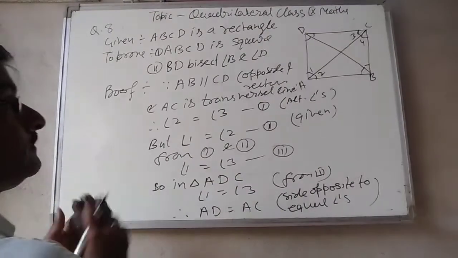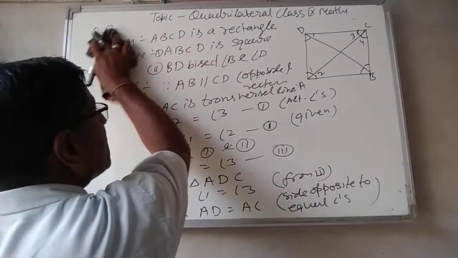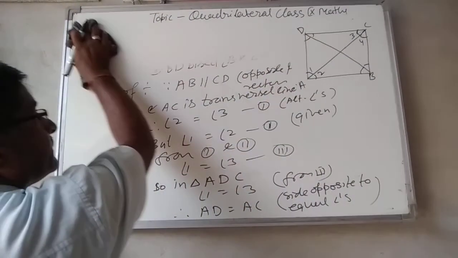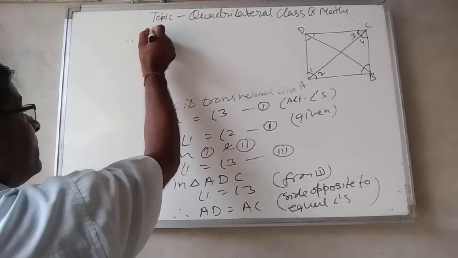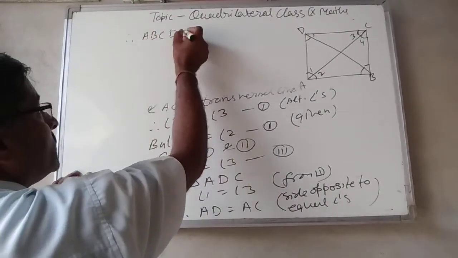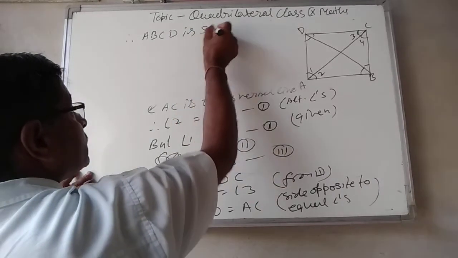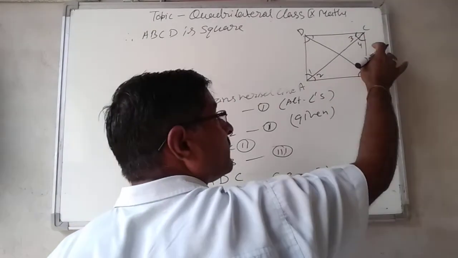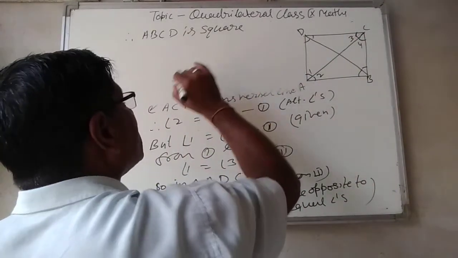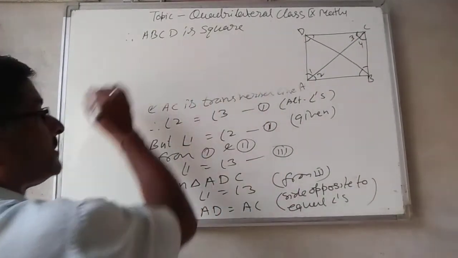Therefore ABCD is a square by definition. When these two sides are equal, opposite sides already equal, it means all sides will be equal. So ABCD becomes a square. This is our first result.